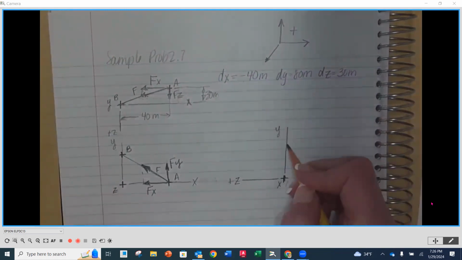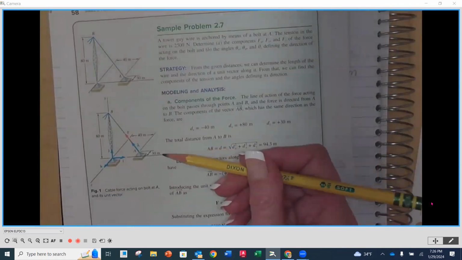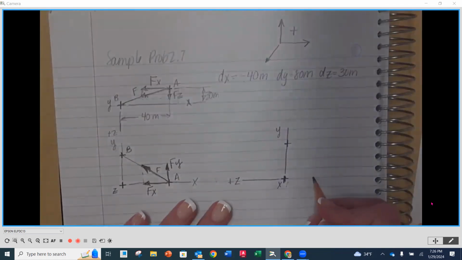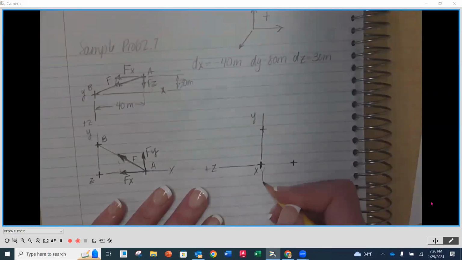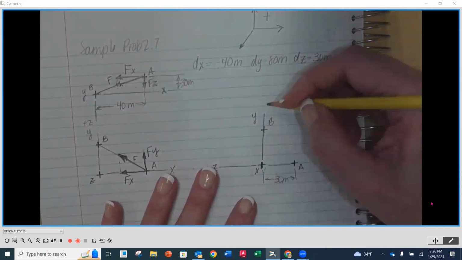So that means B is going to be on here. And then as I look down that axis, I'm looking in this direction. Our A is going to be 30 meters over here, right? This is going to be 30, going to be along that. This is going to be our A. This is going to be our B.